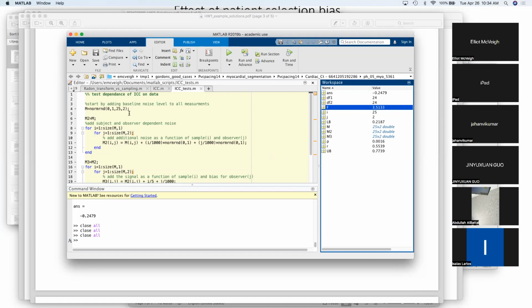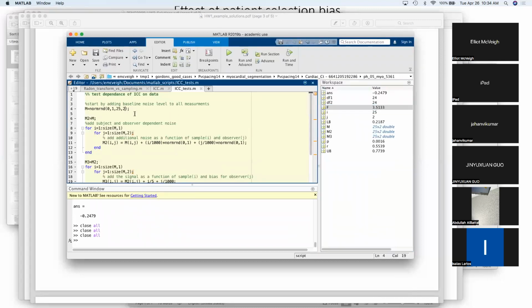And so the way I look at it is we're going to make a matrix. Let's make a matrix that's, say, 25 rows, 25 samples, and it has 5 columns or 5 observers, right? In that matrix, we'll put values which have 0 mean and 1 unit of standard deviation. So this function just makes noise.